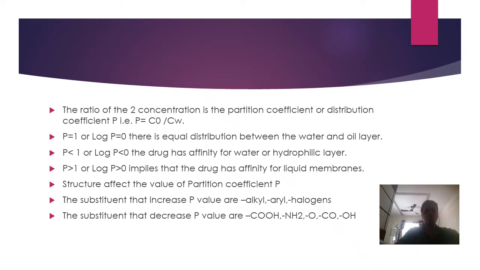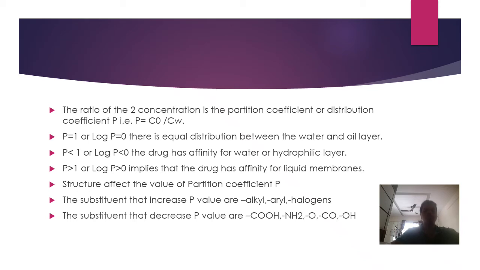Now the ratio of two concentrations is the partition coefficient or distribution coefficient P, that is Co over Cw. Co is the concentration of the organic layer and Cw is the concentration of the aqueous layer.